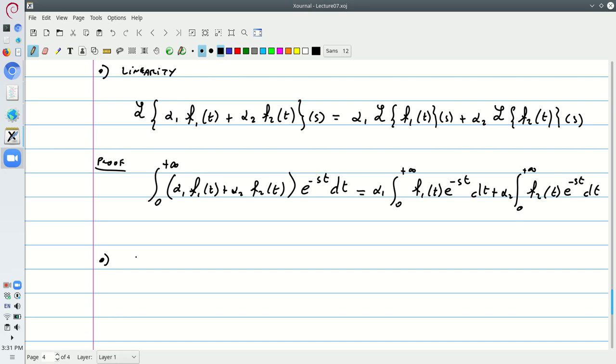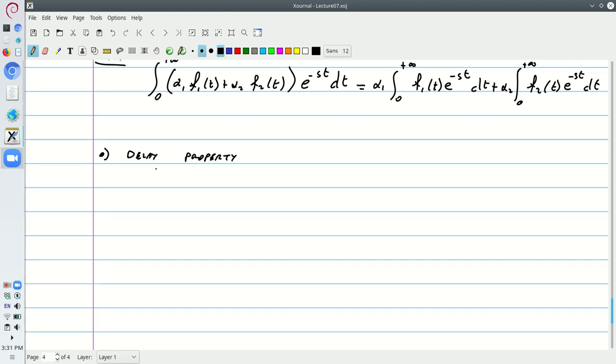Another property is the delay property. This property works like this. Sometimes you have a certain function f of t, and your function f of t, of course, has to be 0 for negative t's, and then you have your function f of t, and this is your f of t.